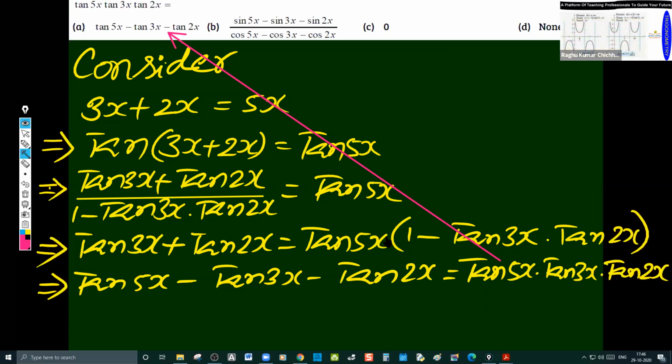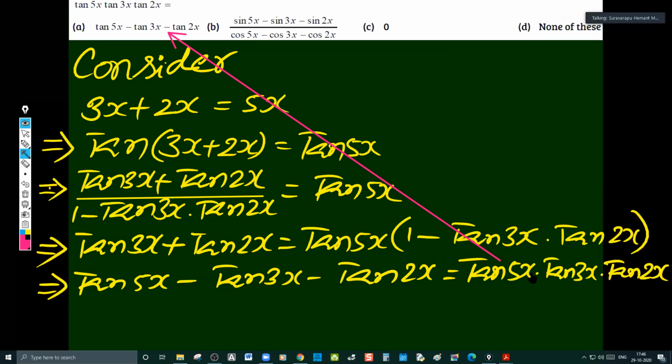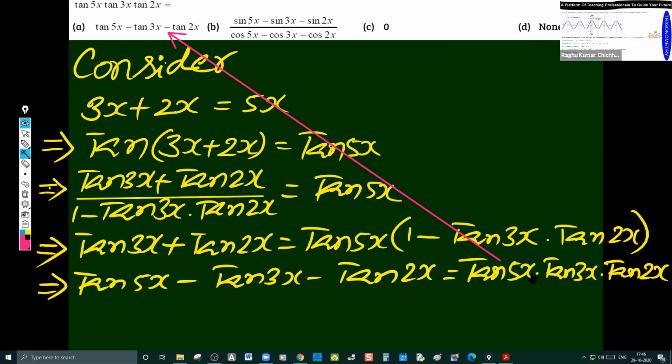Now tan 5x into 1 is tan 5x, I kept it this side only. I brought this to the other side, minus tan 3x minus tan 2x. This is minus tan 5x tan 3x tan 2x. This minus, brought to the other side, becomes plus. All right, sir. Thank you, sir. Clear, no? Clear, sir.